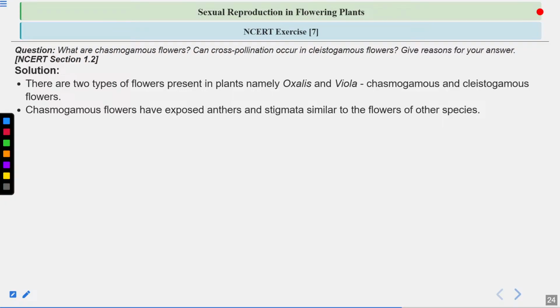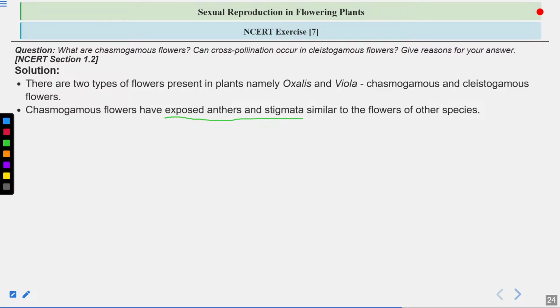Exposed anther and stigma means that the flower is blooming, the bud is opening, and there is a clear-cut flower. That type of flower is called a chasmogamous flower. These flowers are present on the shoot part of the plant, right?